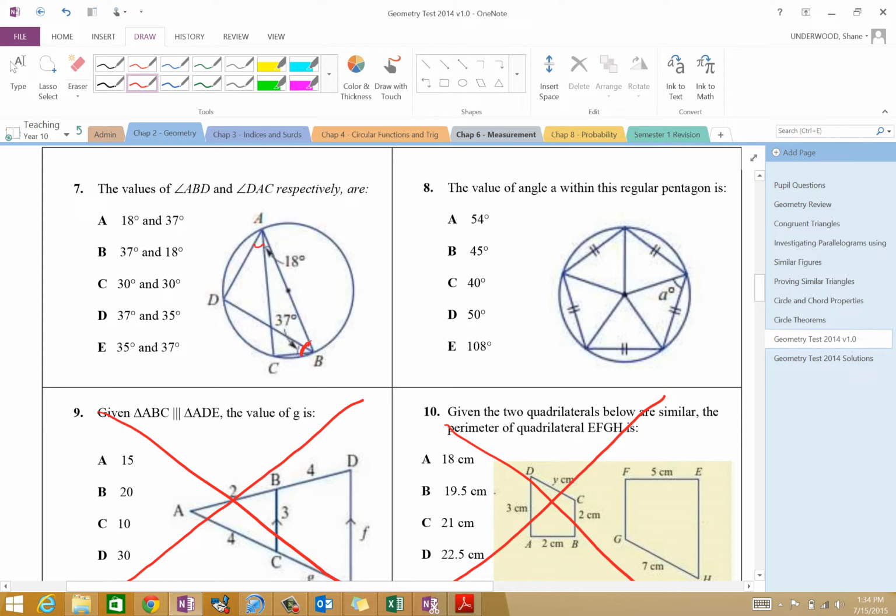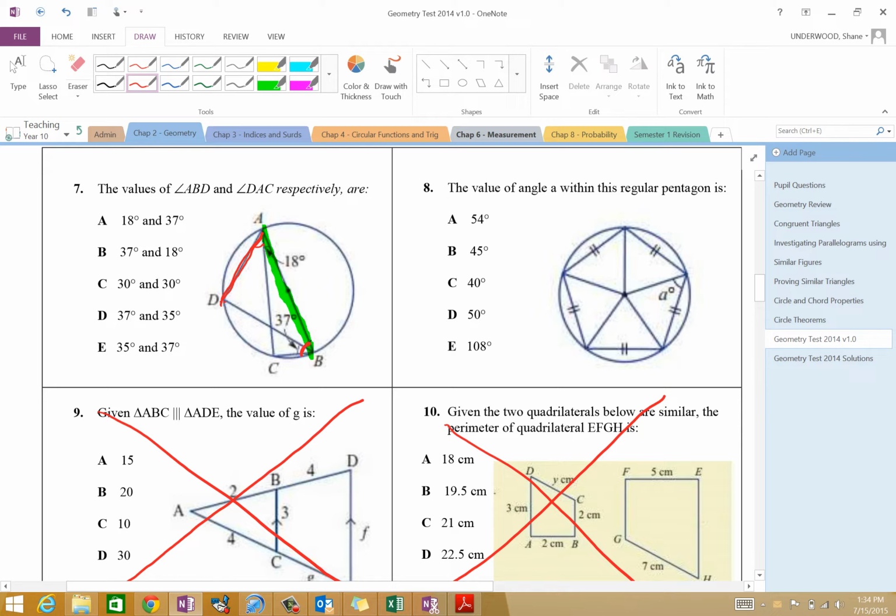Now, this could involve circular theorems. The one thing I'm going to say to you is this. One of your circular theorems is that if I have a line going through the origin, which I do, then if I draw two lines to the outside of the circle, it's going to make an angle of what do you think?